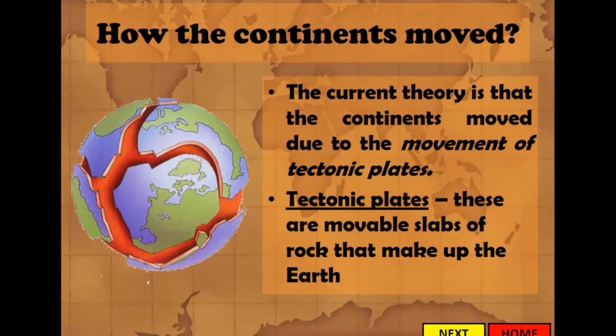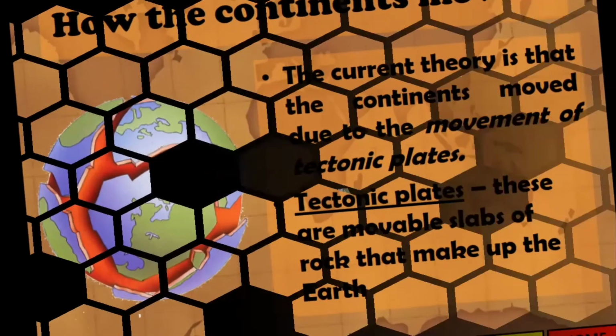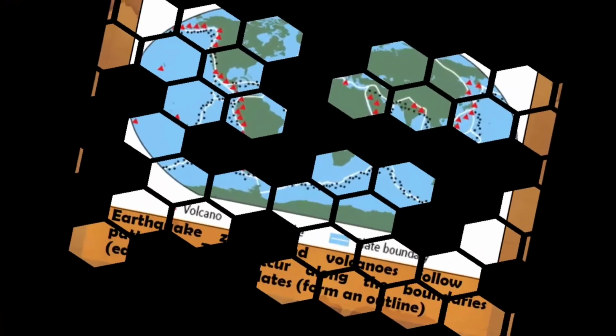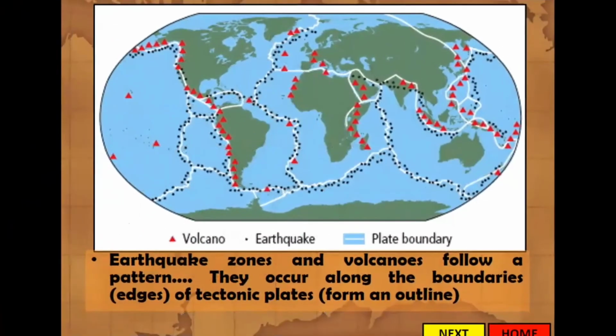Because of this movement of tectonic plates, continents move. The tectonic plates are movable slabs of rock that make up the Earth. You will notice here that there are zones of volcanoes that follow a pattern, and this is caused by the movement of tectonic plates.